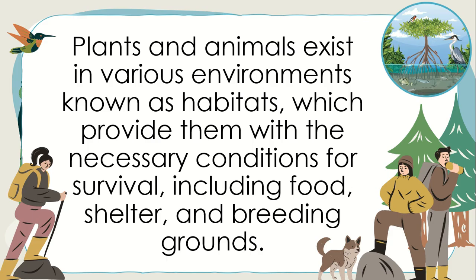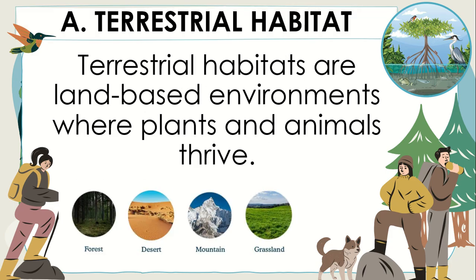Plants and animals exist in various environments, known as habitats, which provide them with the necessary conditions for survival, including food, shelter, and breeding grounds. We have terrestrial habitat. Terrestrial habitats are land-based environments where plants and animals thrive.